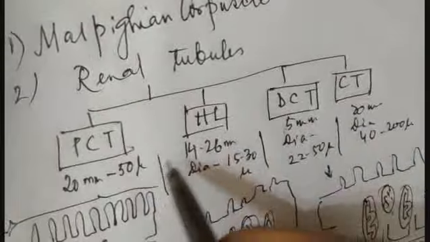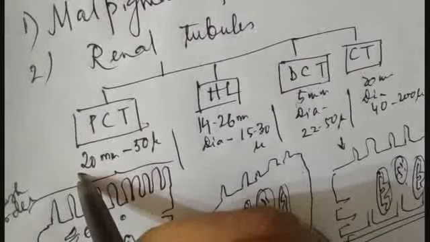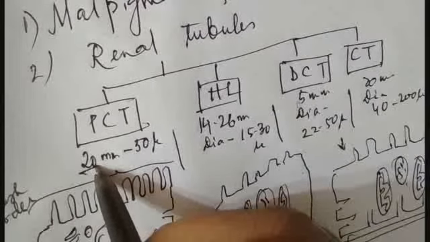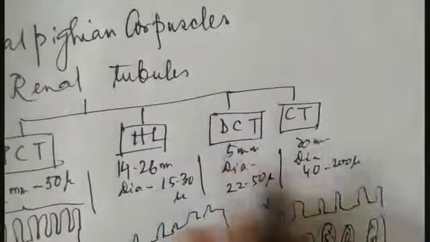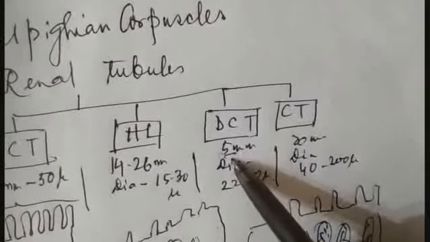From this measurement you can understand this one, the PCT, the first part of the renal tubule, its length is 20 millimeters and the DCT is 4 times less.